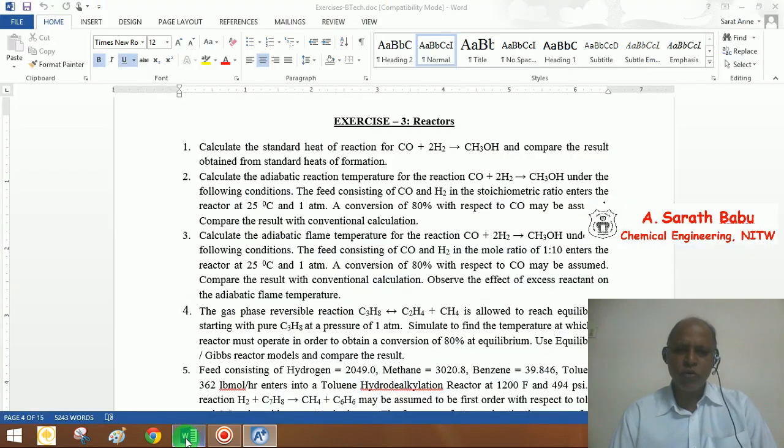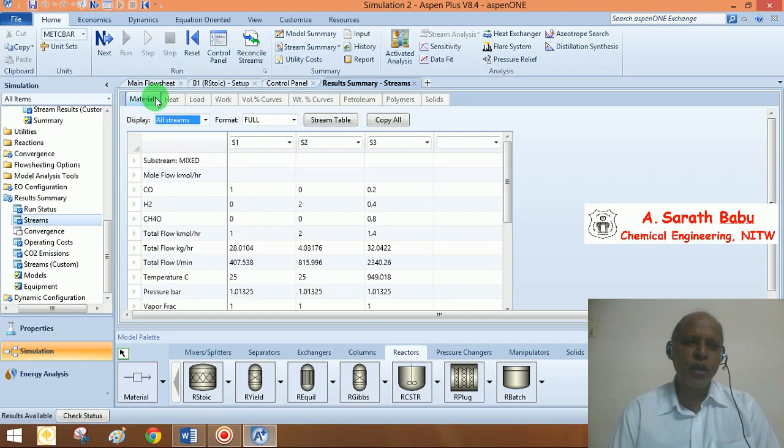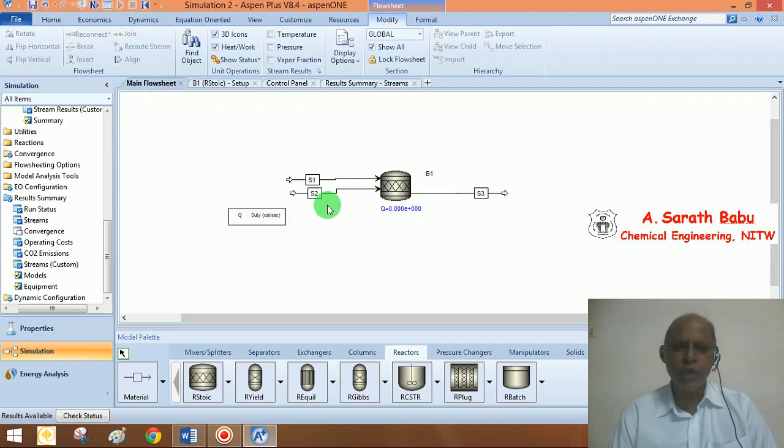Now, if I go back to the problem statements, now you can see the third problem. Now, what will happen to this adiabatic reaction temperature in case CO versus hydrogen is 1:10 instead of 1:2? Now, what do you expect will happen? I'll go back and change the problem statement. Click on the hydrogen stream.